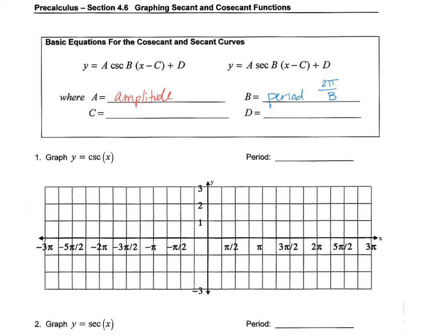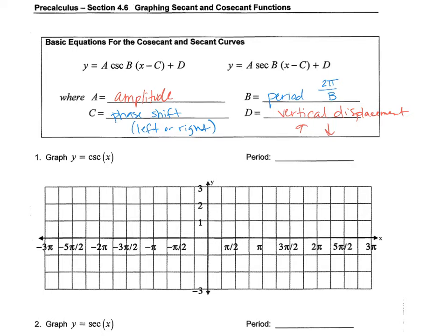C is our phase shift, so that is left or right. And D is our vertical displacement or vertical translation, so that is up or down.